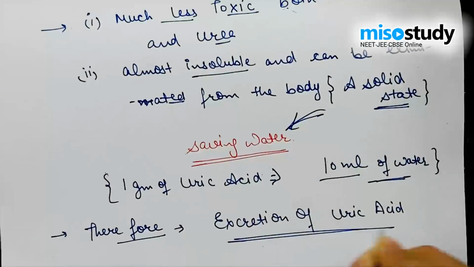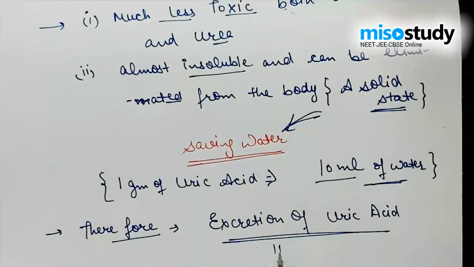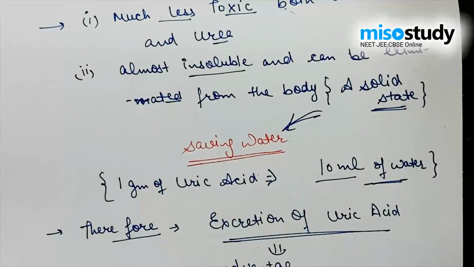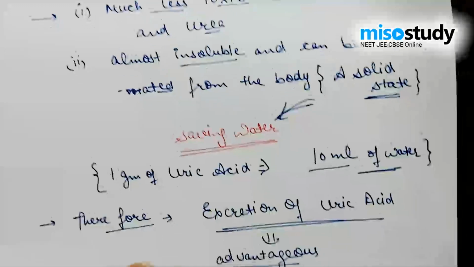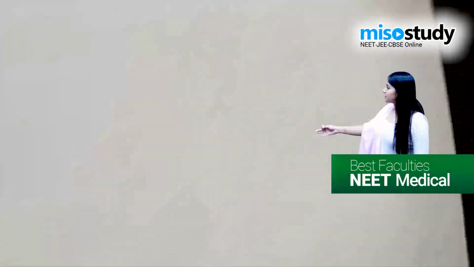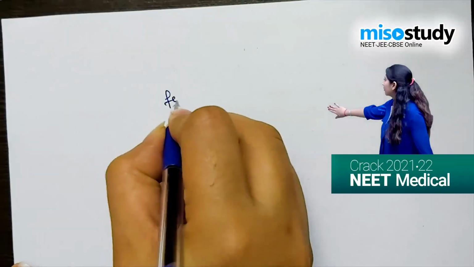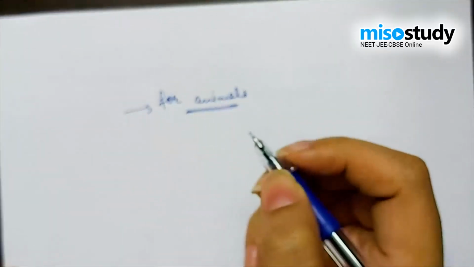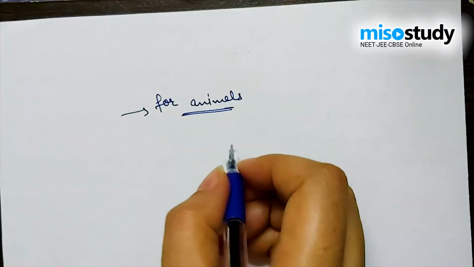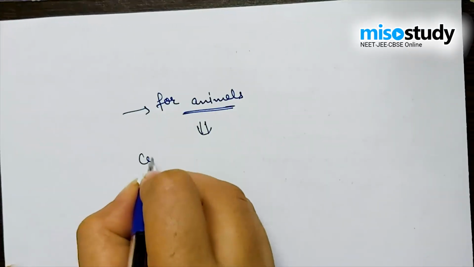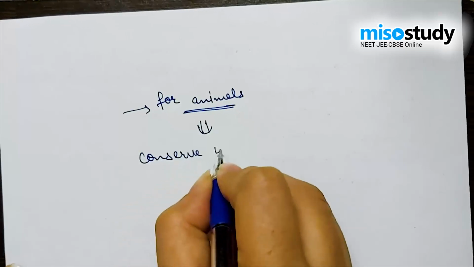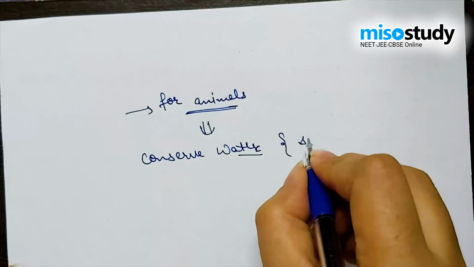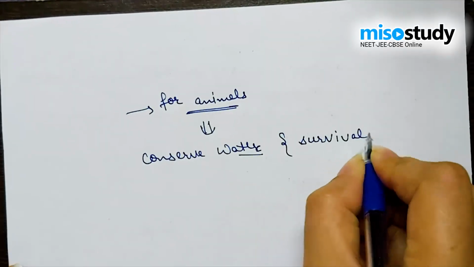Therefore, excretion of uric acid is more advantageous for animals because it helps in the conservation of water in the animal body, and that water helps in their survival.